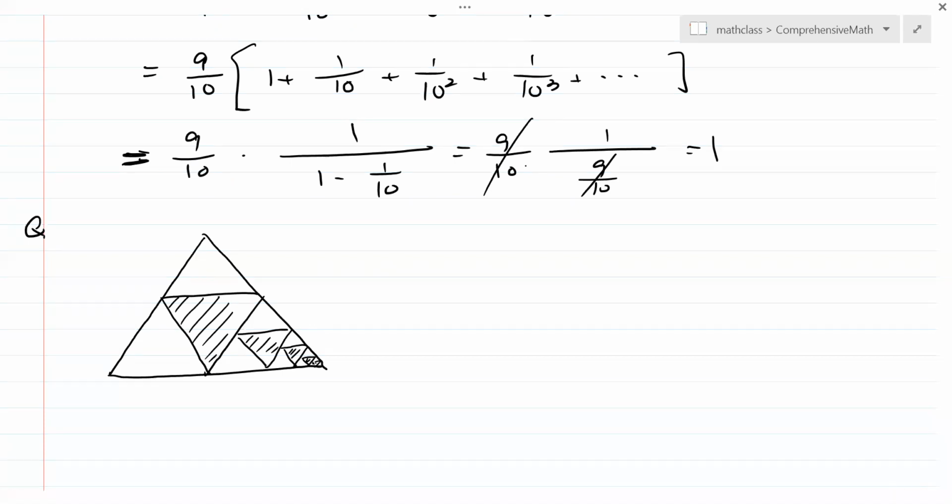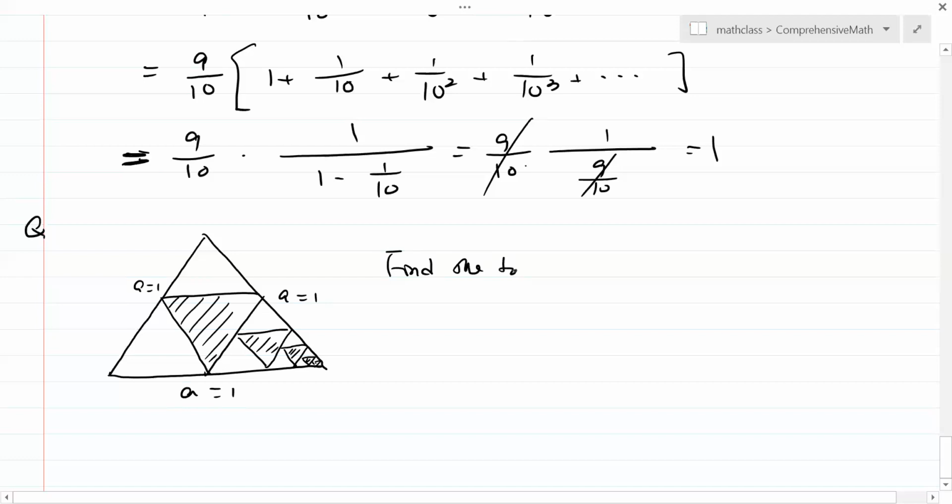So we are trying to figure out this: here a equals 1, a equals 1, a equals 1. We're trying to find the total area of the shaded triangles.